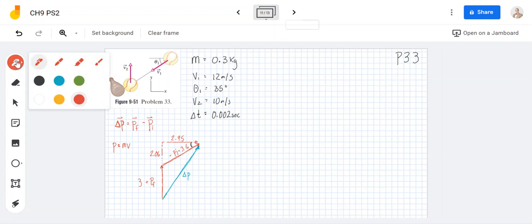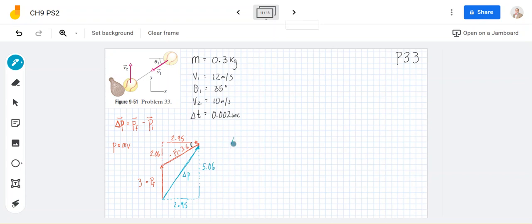And so if I want to get this final momentum vector, I'm going to make it into a rectangle, and figure out what the sides are, and then use the Pythagorean theorem. The horizontal here is 2.95, because it's a rectangle. The vertical, I have 2.06 and 3, so 5.06.